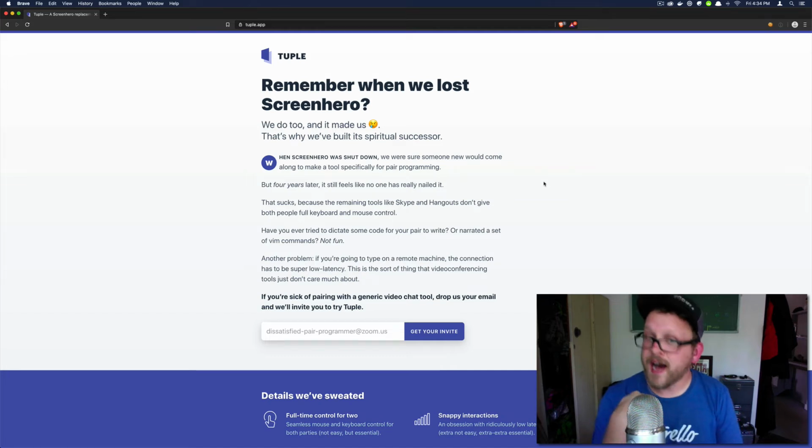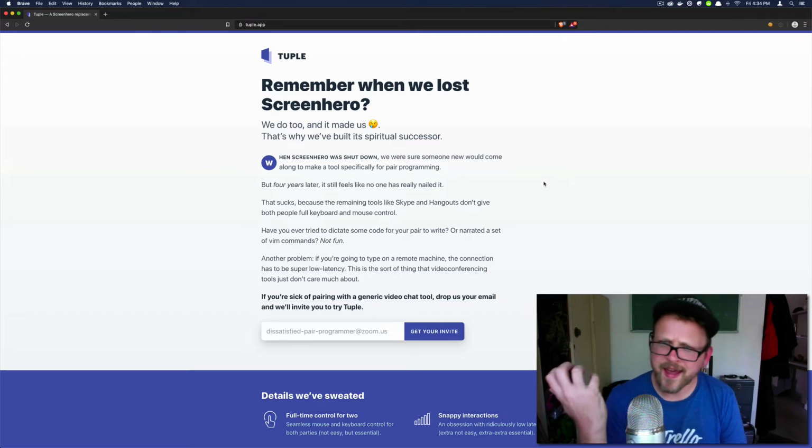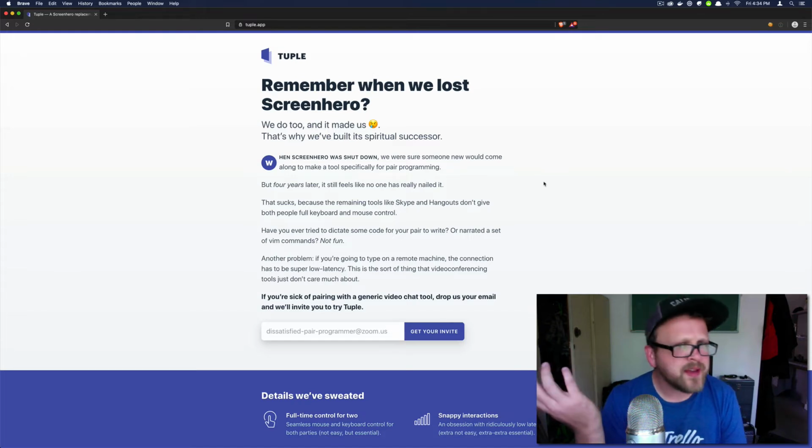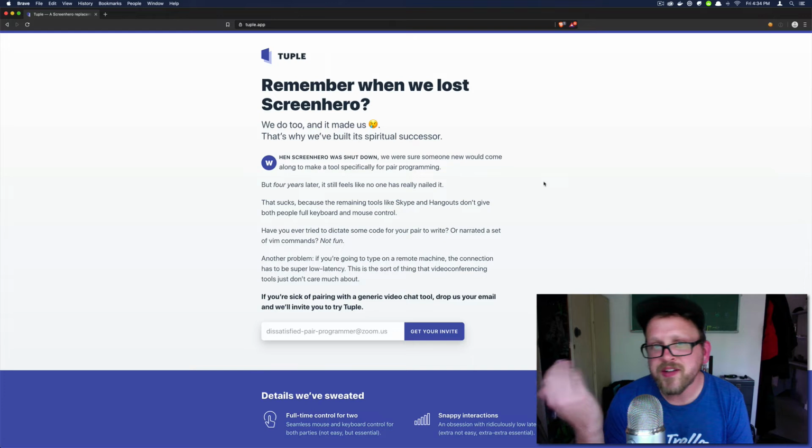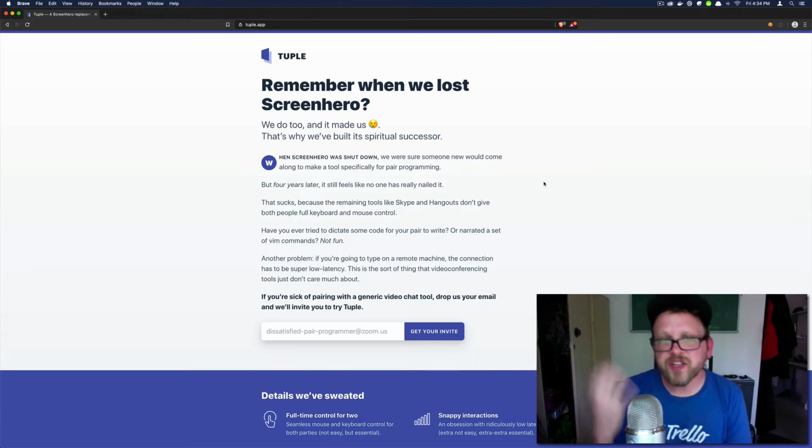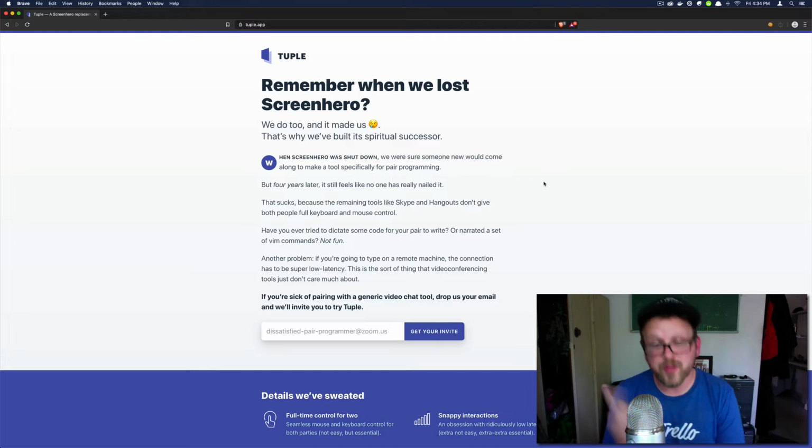But because I know what Screen Hero is, I'm immediately connecting with this page, because look how it's speaking to me. It's the equivalent of someone asking you, hey, have you ever been to this town? And you go, yeah, I've been there too. So it's a very friendly way of talking, because it's saying, remember when we, both of us, lost Screen Hero? And if you remember that, you're going to immediately connect with this page.